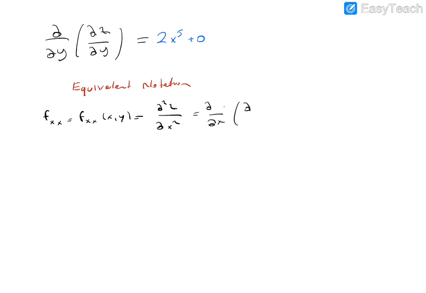Or for f sub xy, the second derivative of z, first we differentiate with respect to x, then we differentiate with respect to y.